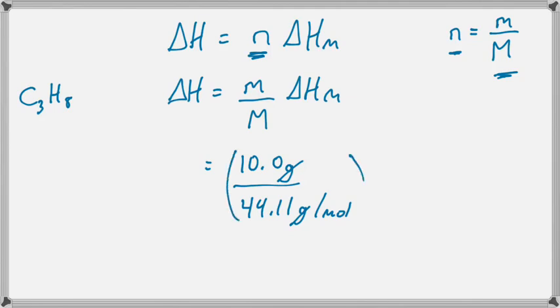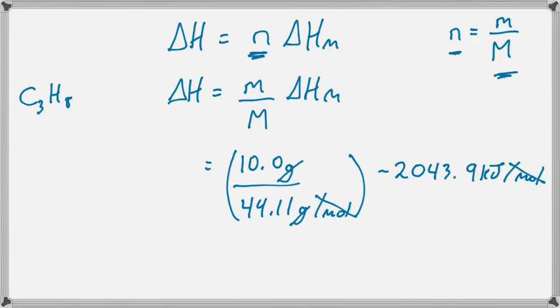Now I have to times that by the delta HM, which in this case is negative 2043.9 kilojoules per mole. I'll write that the same way as before, to be consistent, per mole. And because I have a per mole on top and a per mole on the bottom, they're going to cancel.